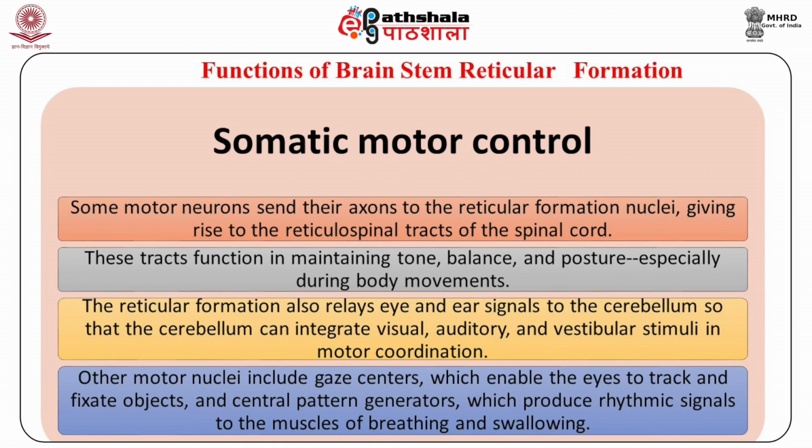The reticular formation also relays eye and ear signals to the cerebellum so that the cerebellum can integrate visual, auditory, and vestibular stimuli in motor coordination. Other motor nuclei include gaze centers, which enable the eyes to track and fixate objects, and central pattern generators, which produce rhythmic signals to the muscles of breathing and swallowing.